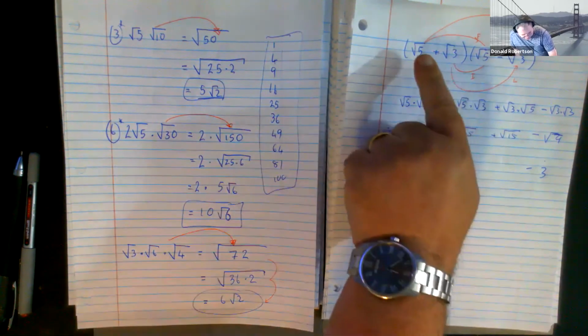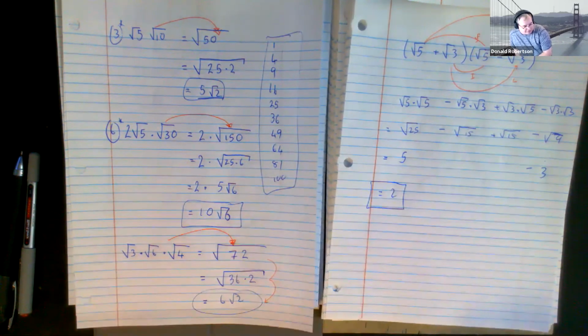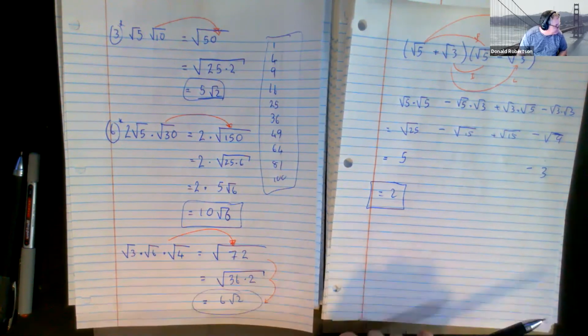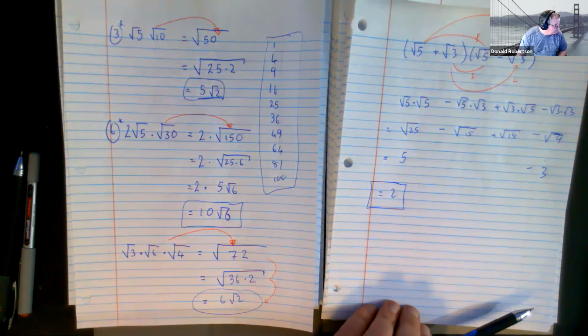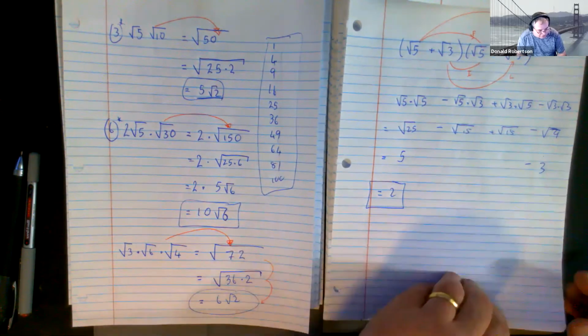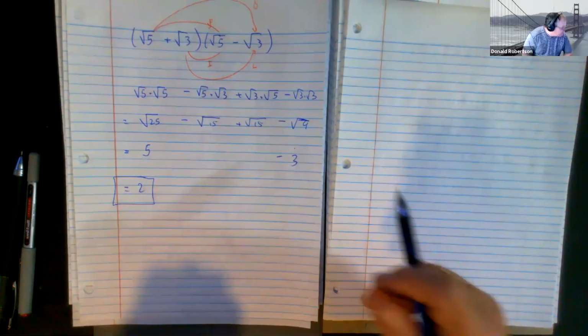This guy times that guy, using FOIL, actually ends up not even having a square root in the answer in this particular question. It's kind of interesting, right?